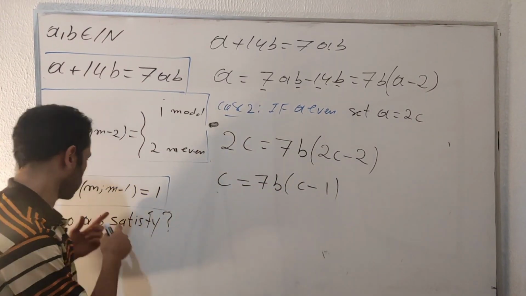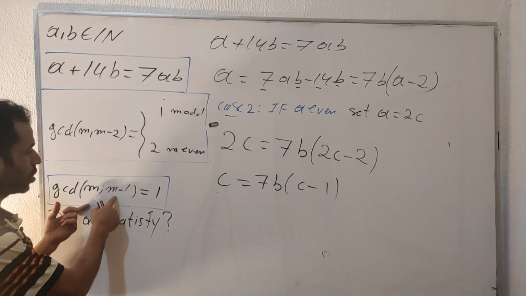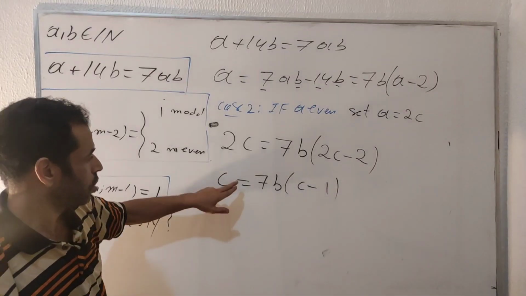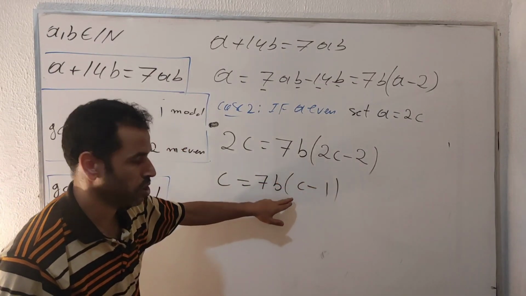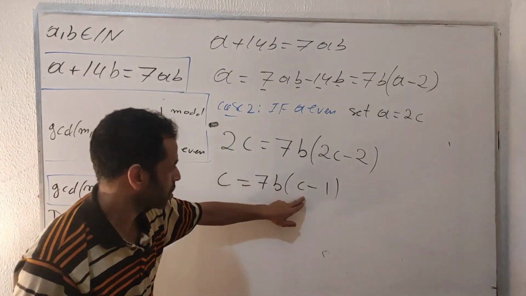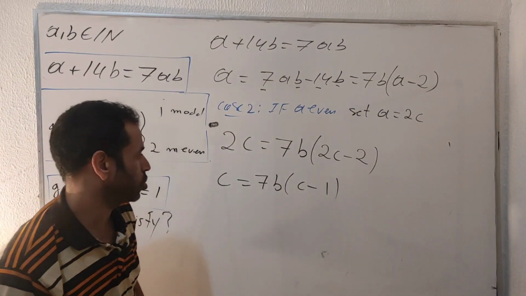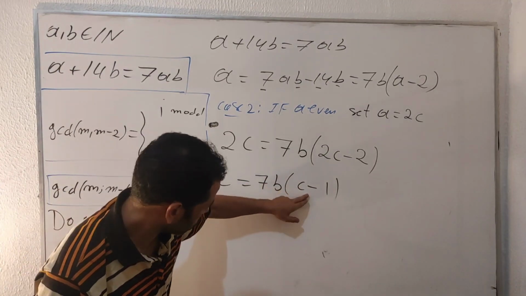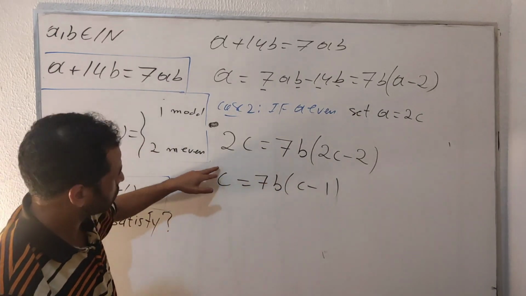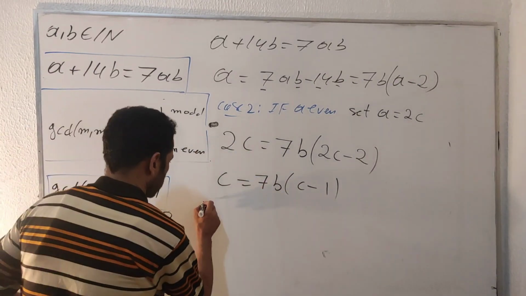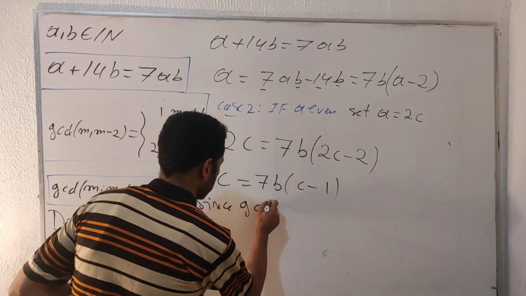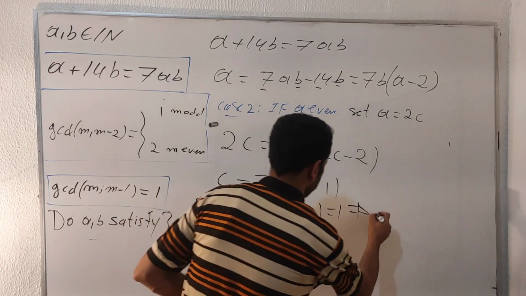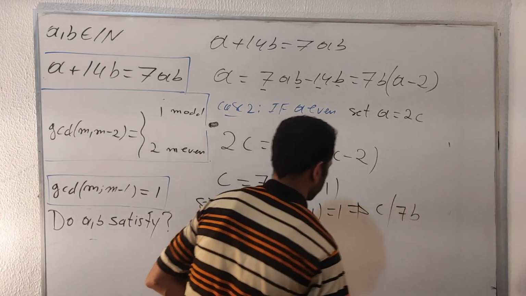So we fall into this one. Look, the GCD of C and C minus number 1 equals 1, which means C and C minus number 1 are coprime integers. So C cannot divide C minus 1, which means C can divide 7B. Since the GCD of C and C minus number 1 equals 1, this implies C divides 7B.